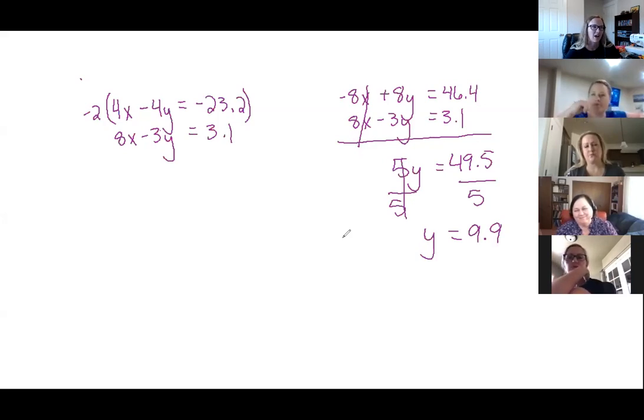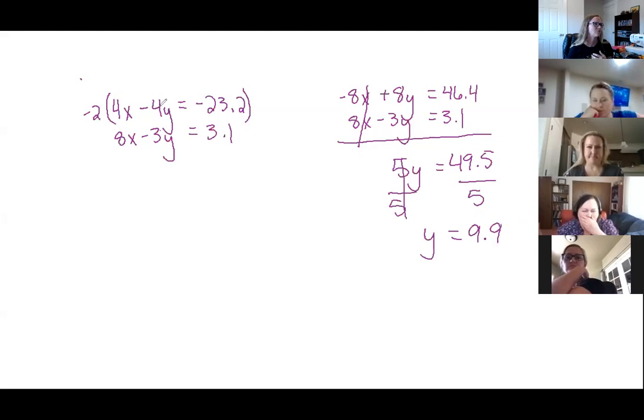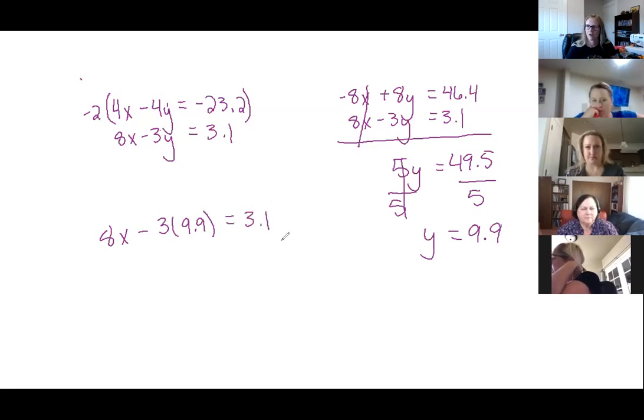How do we get x from here? If I want x, I put this back into either one of the equations I started with, and it doesn't matter. I'll use the bottom one, 8x minus 3y, and replace y with 9.9. Now I have an equation I can solve for x. That's what I figured, but it's different than what I studied.